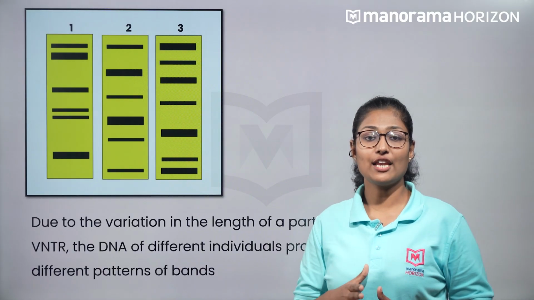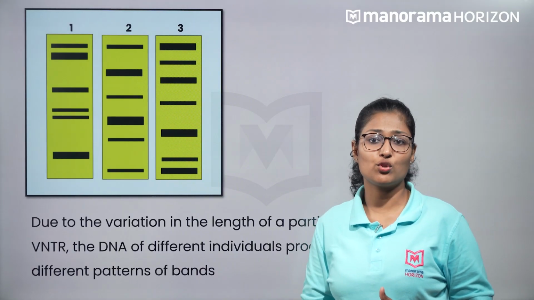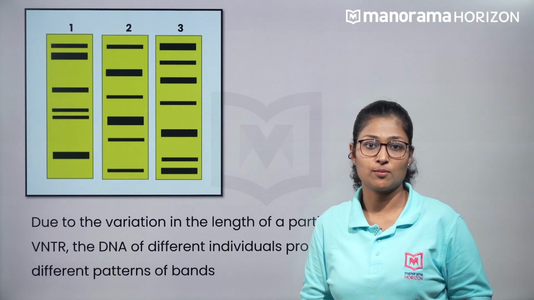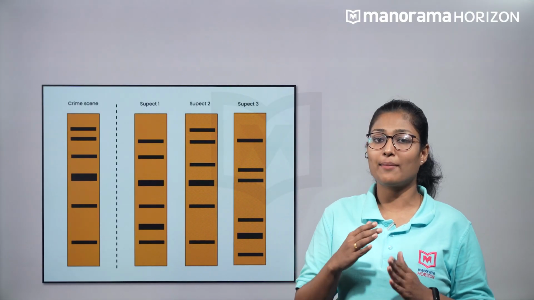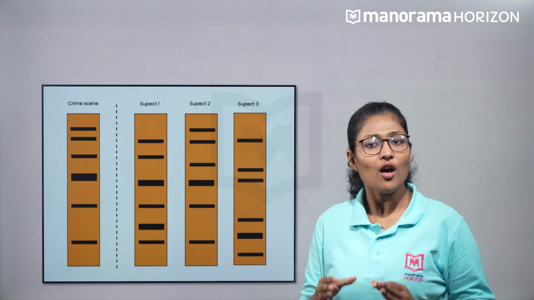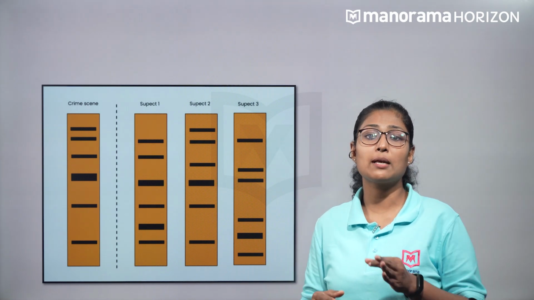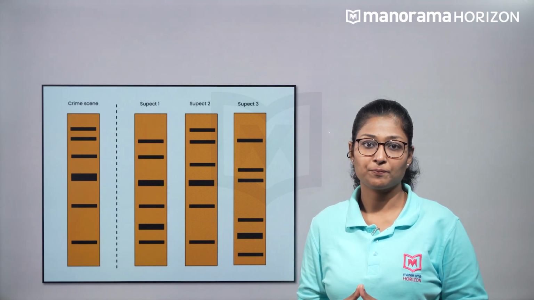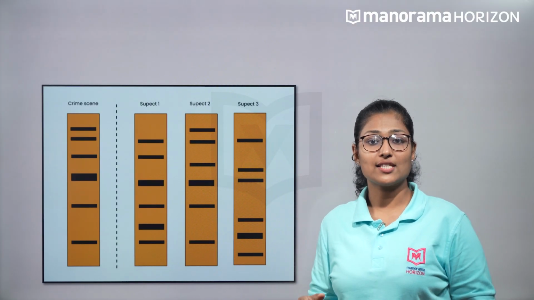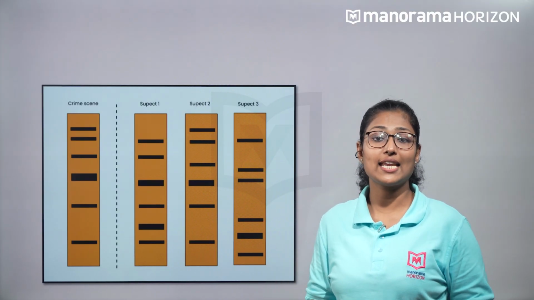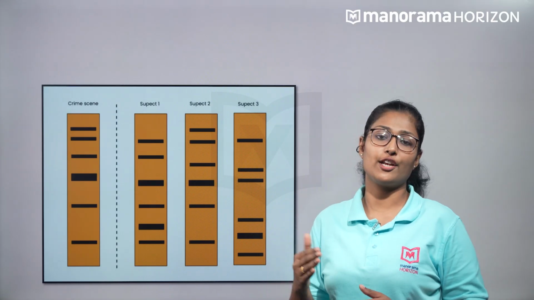Recall that DNA from any cell of an individual has the same polymorphism. So, DNA fingerprinting of DNA taken from any cell of an individual would produce the same unique pattern of bands. On the other hand, the pattern of bands would be dissimilar if the DNA is taken from a different individual.